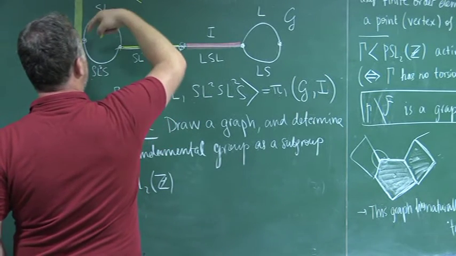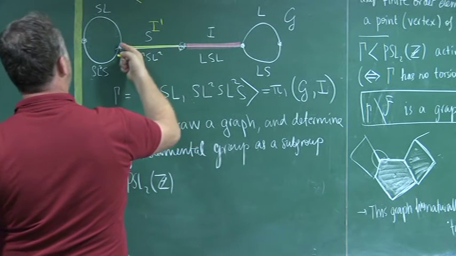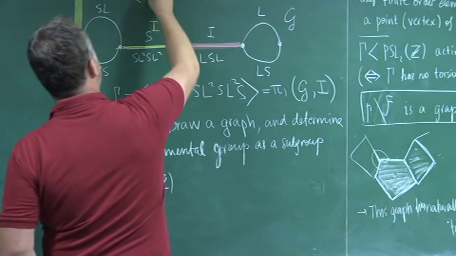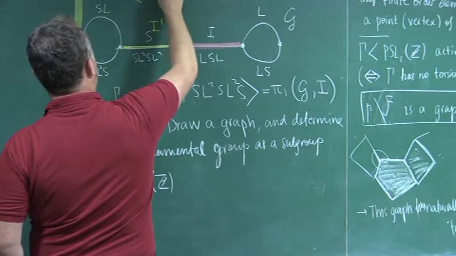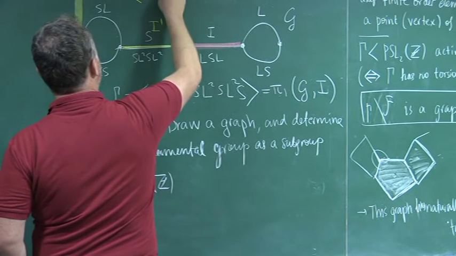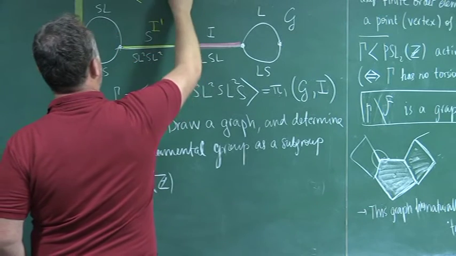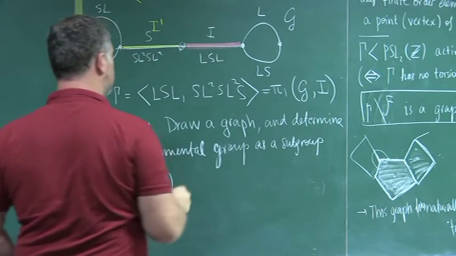I must turn right once, so this is my new I. Let me call this I prime. So I must turn right once, so L square, then S, L square S, and then again L square.